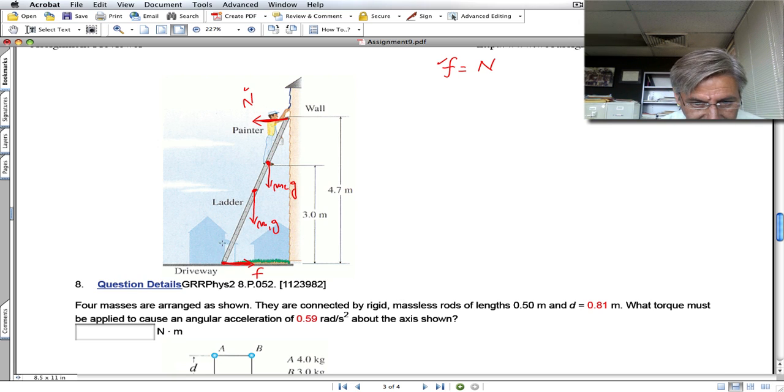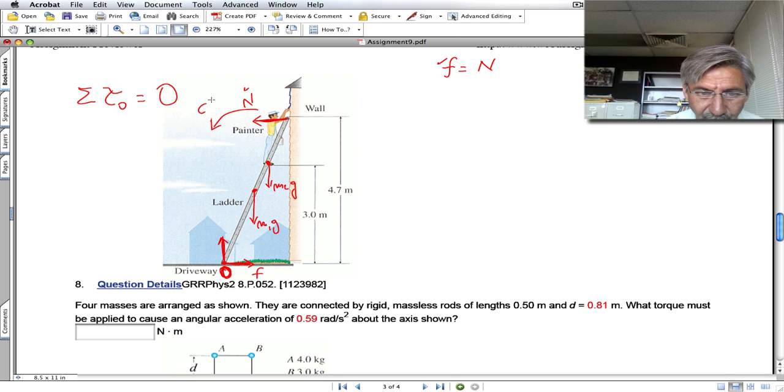And even though there are some vertical forces here too, around this point, for the system to be in equilibrium, you have to demand that the torque be 0. Now this one tends to go counterclockwise.